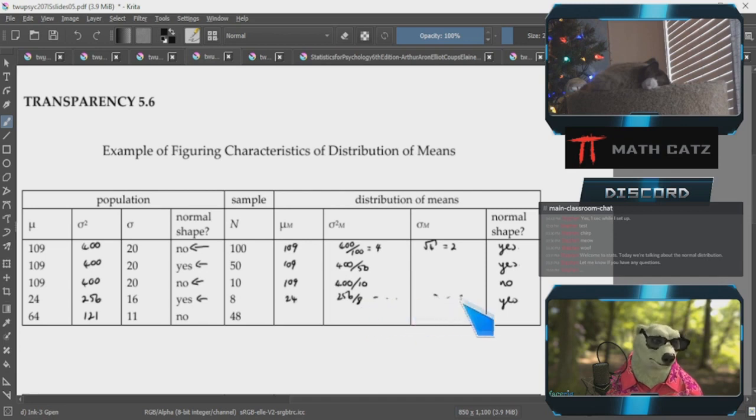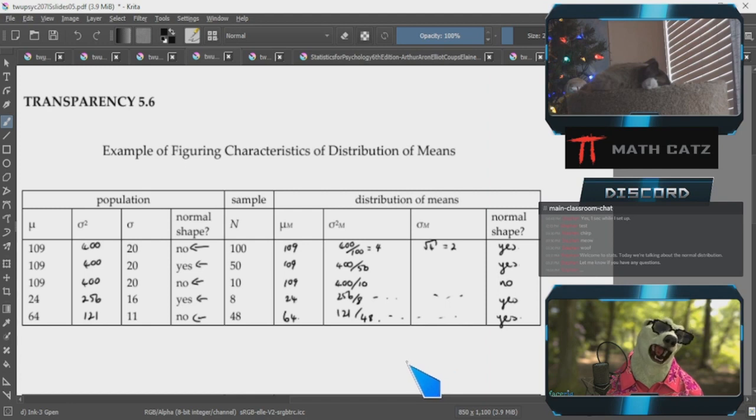And lastly, if the population is not normally distributed, but I have a large enough sample, 30 or more, and I do, then the distribution of means is very close to normal. And that's sort of the agreed upon cutoff, 30. And I can go ahead with my z-scores and all those familiar things. 121 divided by 48. And you can calculate those things.